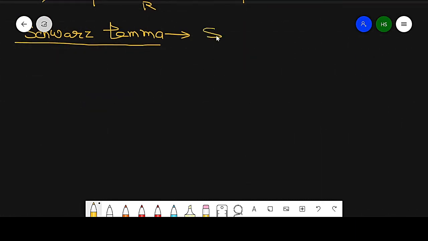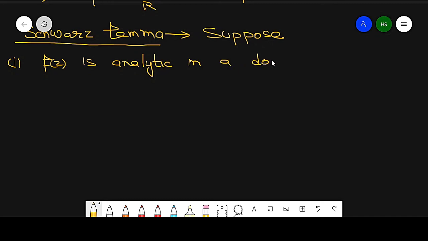The statement is, suppose f of z is analytic in a domain defined by modulus of z less than 1.